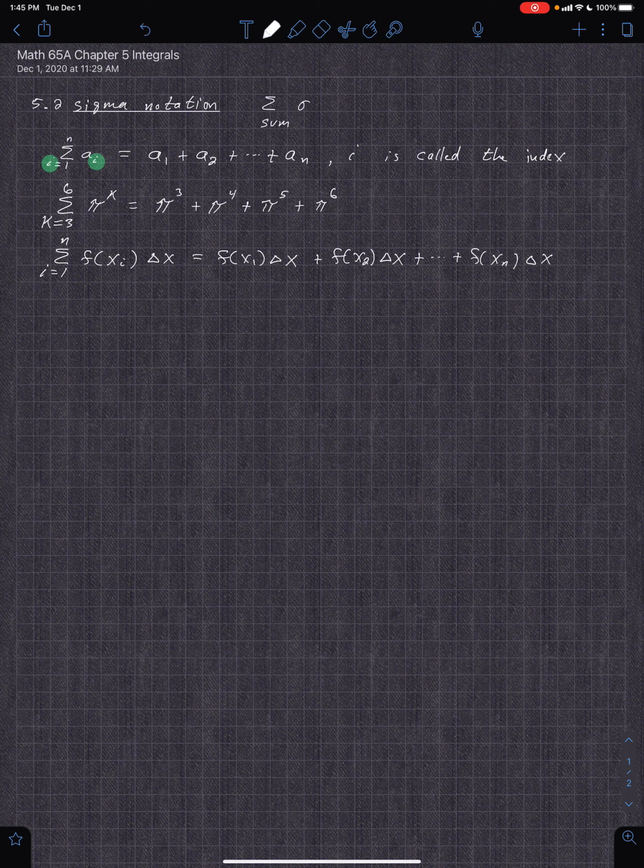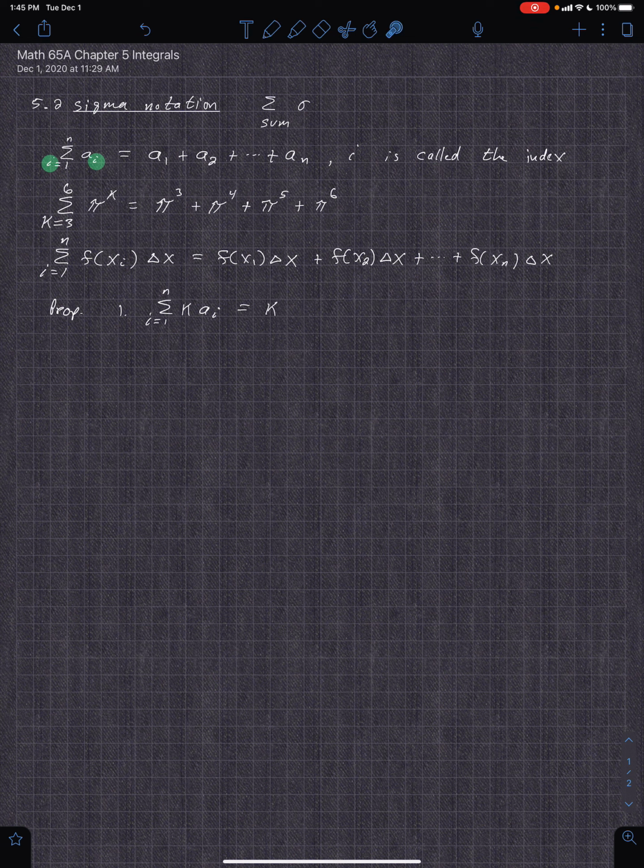Some properties, we need to know those. So the rules are on page 260 in our book, and you have a couple of them. The first one: you have the sum as i goes from 1 to n of k times a sub i. Basically that means you can just factor the k out.